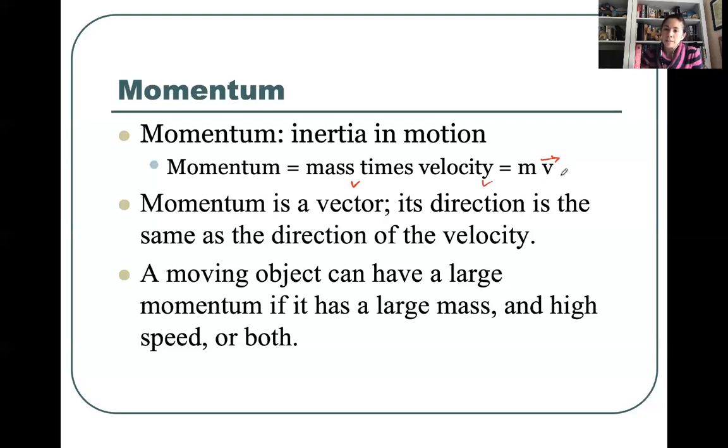And remember, because it's a vector, we need two pieces of information to be able to describe it fully. So the direction, which is given by the direction of the velocity. So where is our object going? And the magnitude, which is going to be given by the mass times the magnitude of the velocity or the speed of the object.